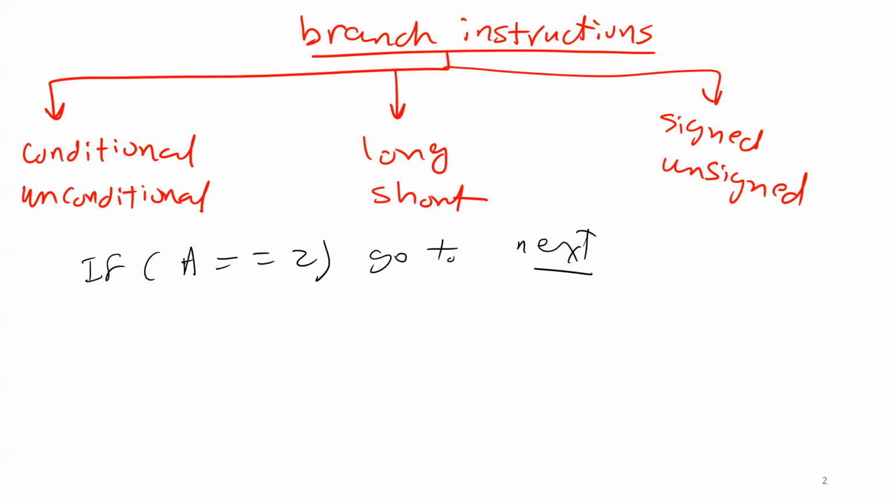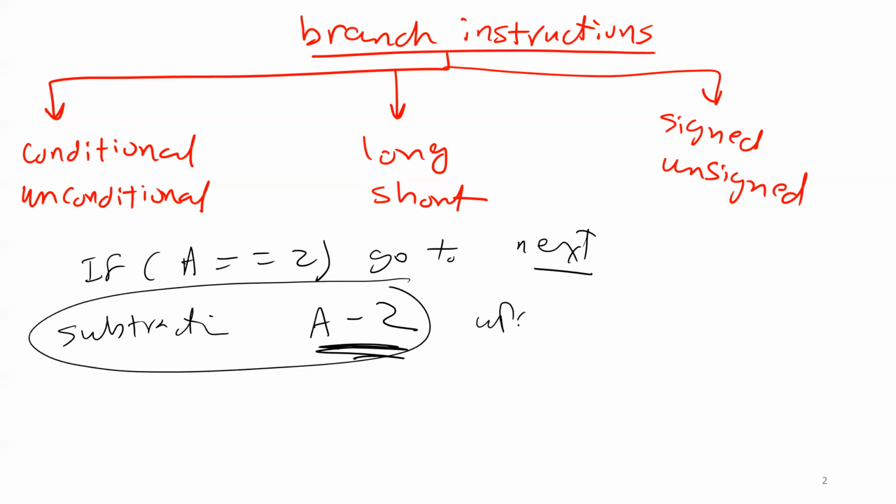Remember, the first instruction is subtraction. I have to subtract 2 from A. Subtraction, yes, because when you do subtraction, you update the flags. So number 1, I have to do subtraction to update the flags.